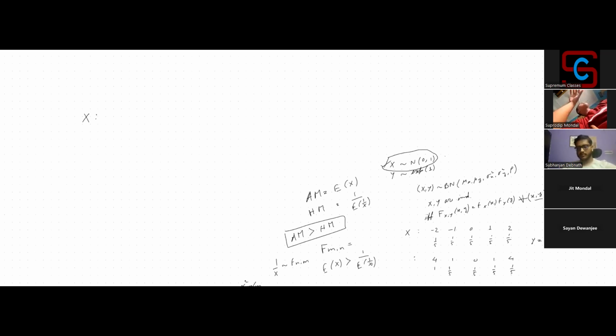If we are drawing a random sample from uniform 0 1, only a single random number, say x is the random number between 0 and 1.